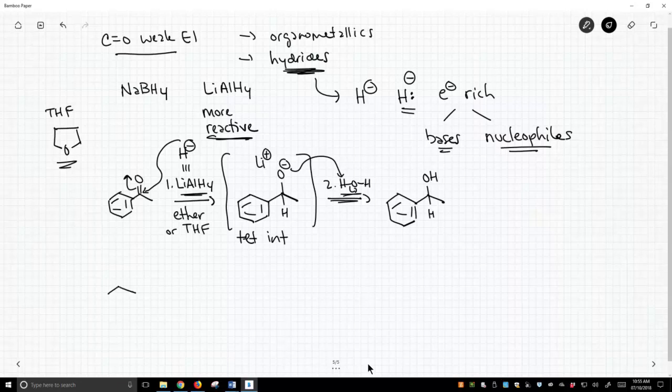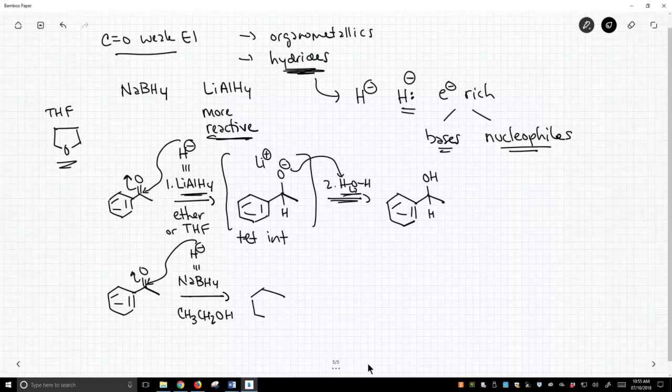Now we could do the same reaction and use sodium borohydride. Sodium borohydride is a little bit different in that it is less reactive. And sodium borohydride will tolerate having an alcohol as a solvent, like ethanol. Now sodium borohydride is still a source of H-. H- attacks.